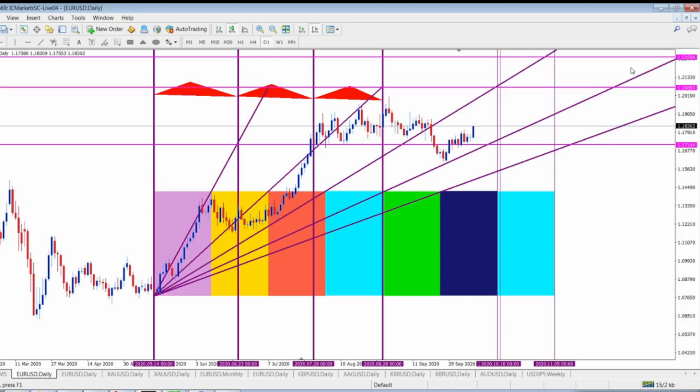Anyway, as an idea, I consider that the date between 17th and 18th of October 2020 seems to be a reversal point based on the fact that it is 1.5 of this cycle which started here, as well as the dynamic resistance area over here based on the previous cycle, the static resistance line based on the low of 22nd of March 2020, as well as 10 synodic cycles of Jupiter from 2009. And we'll see what's going to happen.